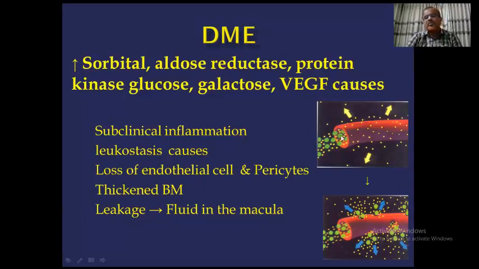Normally there is no fluid; minimum or selective fluid comes into the tissue through the tight junction of the endothelium. But when the tight junction is loose, there is plasma leakage from the capillary.